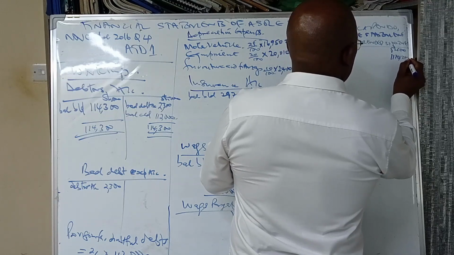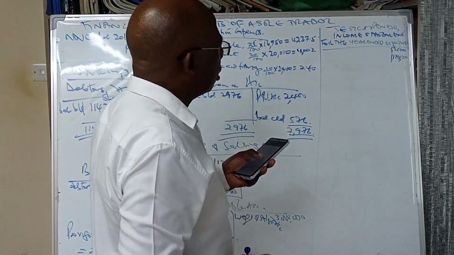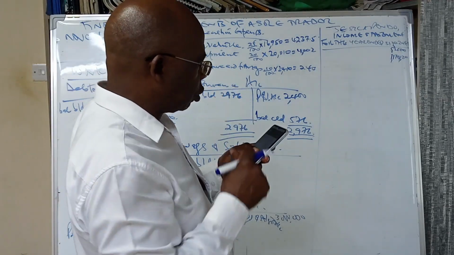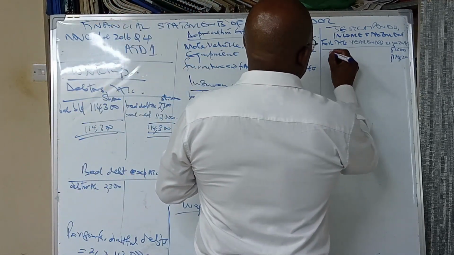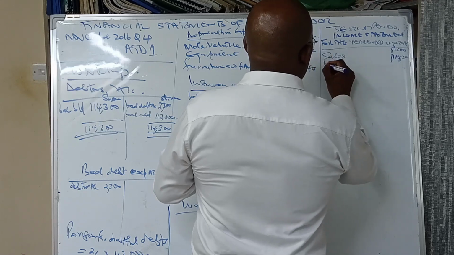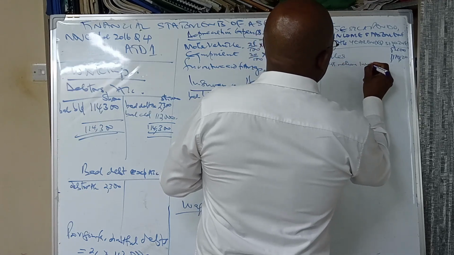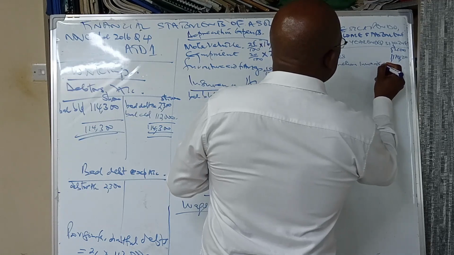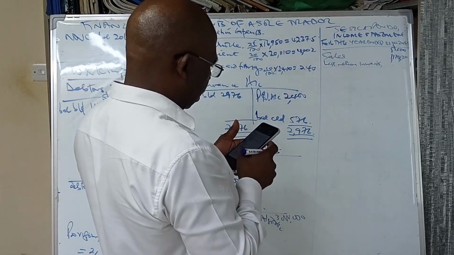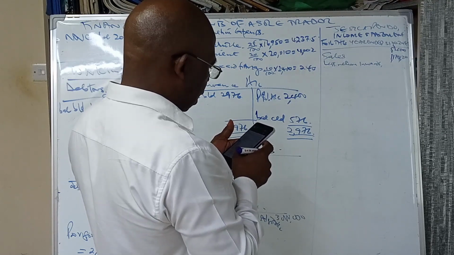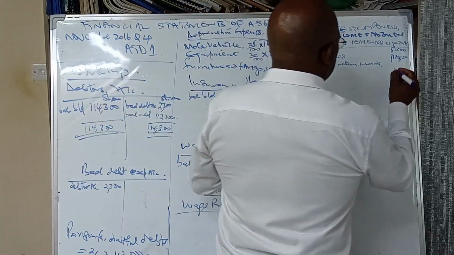Then we say less return inwards, the goods that were returned. And the return inwards is 6,330.